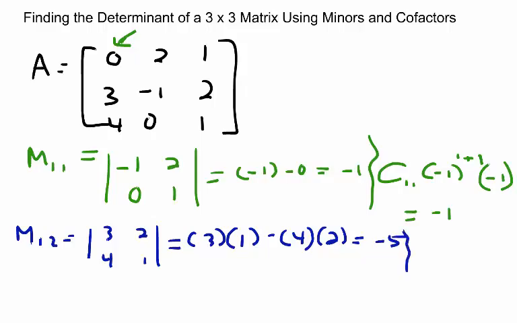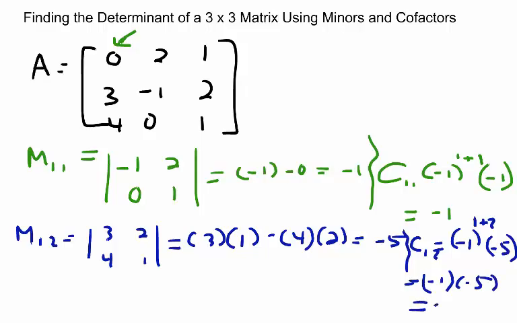And our cofactor for row 1, column 2 is equal to -1 to the 1 plus 2 times -5. So that gives us -1 times -5, which equals 5.